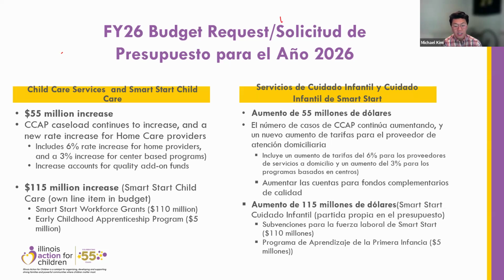Lastly, in this $55 million, we accounted for an increase in quality support add-ons that usually happens with the Accelerate Circle that you get when you participate in that area. So as caseload goes up, we need to account for the increases in quality support add-ons as well.